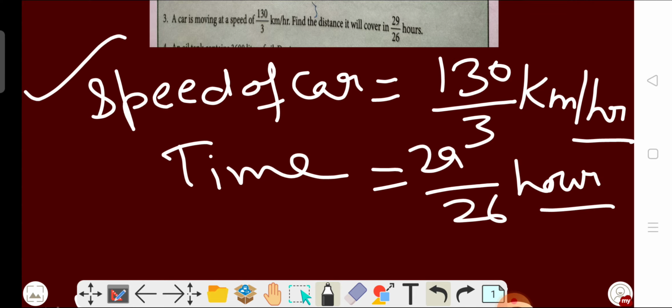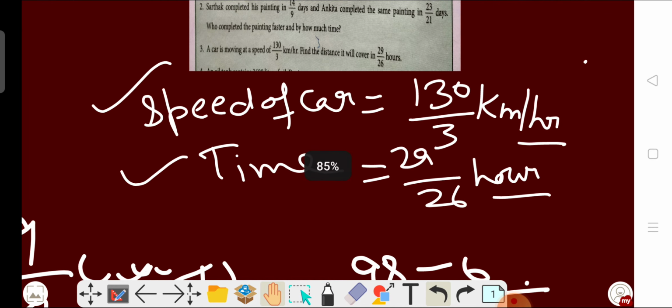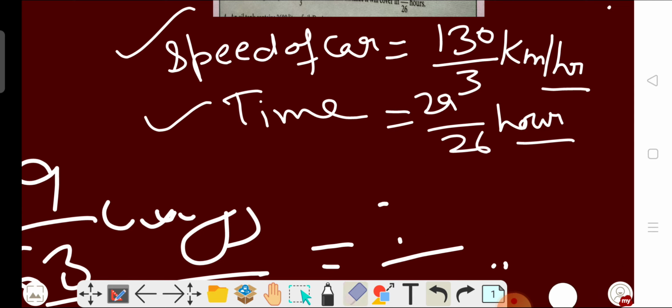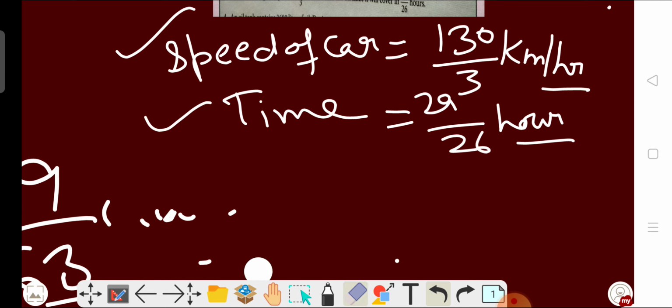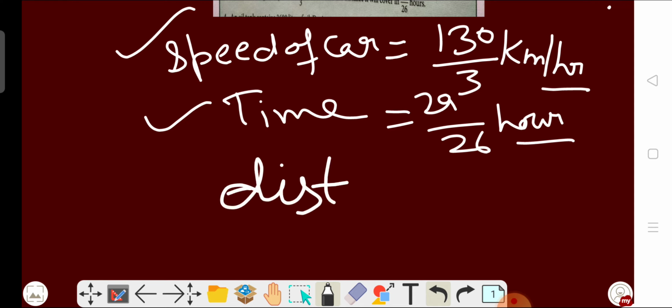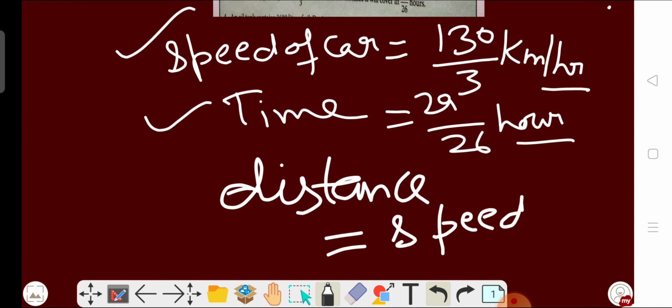We have speed and we have time, and what we have to calculate is the distance. So what is the formula of distance? The formula of distance is speed multiplied by time. So the distance is equal to speed multiplied by time.